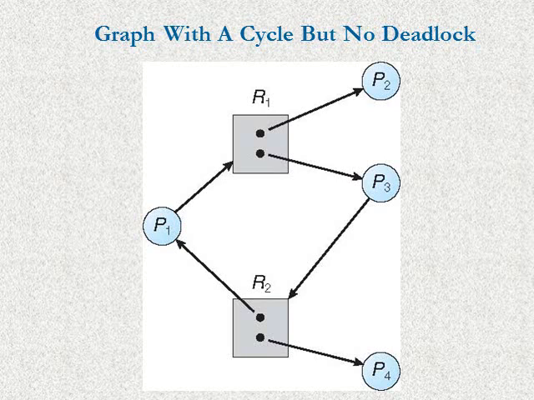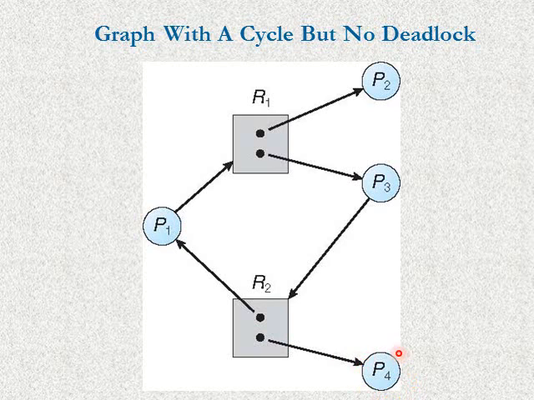The cycle here comprises R2, P1, R1, P3 and R2. However, as some of you may have already observed, there is no deadlock in the system because R2 has another instance that is being allocated to P4.